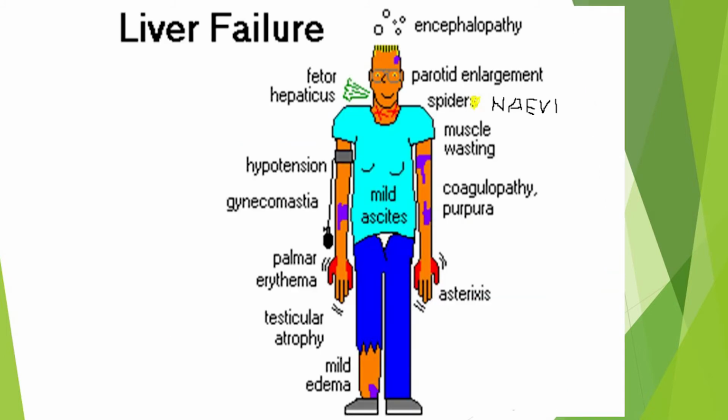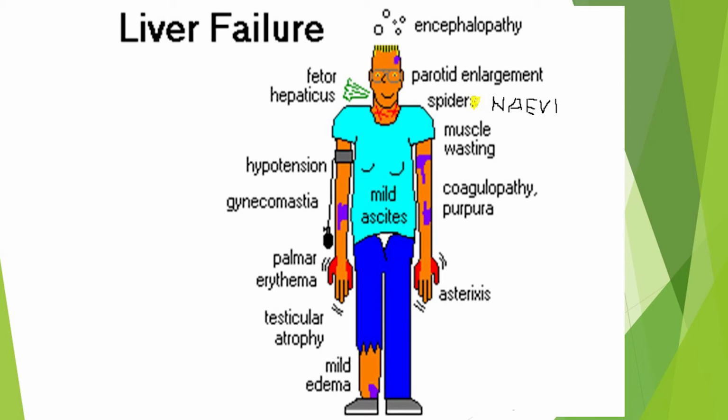What are the features of liver failure? If the patient develops hepatic encephalopathy, you can examine the flapping tremor. If you smell the fetor hepaticus, if you examine the parotid gland, if you examine the male breast or female breast, you can say that there is liver failure.